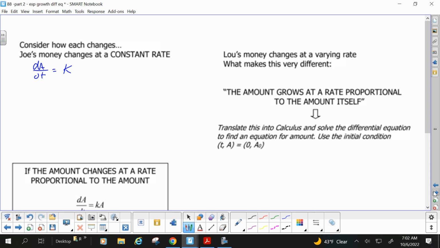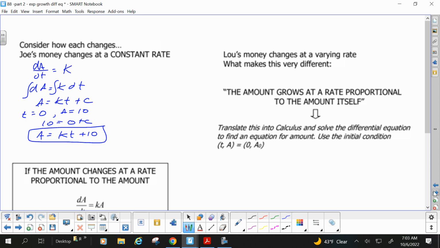If I solve that equation, I could separate the variables, the most important step, integrate both sides, and I'd get the amount as kt plus a constant. I know that at time equals 0, A equals 10, so that implies that C is 10, and therefore my equation is complete: kt plus 10. In other words, linear. Totally logical, yeah?